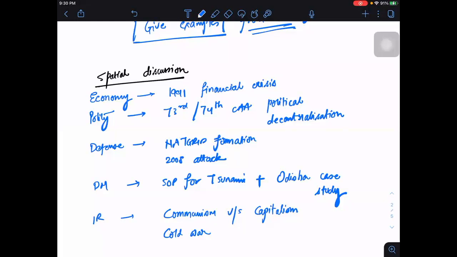Okay. Sir, can you also tell how to interpret the topic in the question form, so that we can exactly understand what the examiner is saying? Give me any topic. Like, sir, for example this one, or any other PYQ that you can take as an example so that we can understand. No, because there are multiple statements.